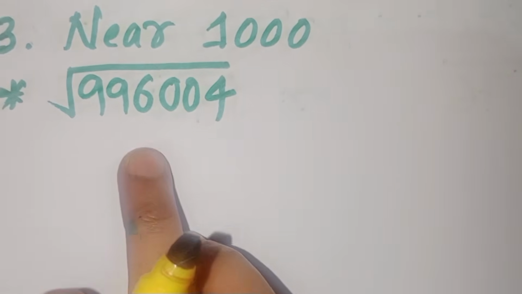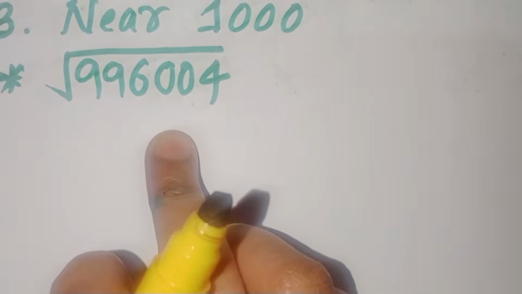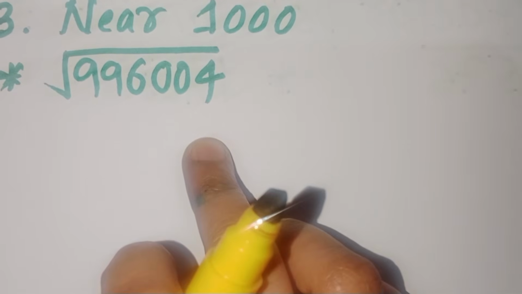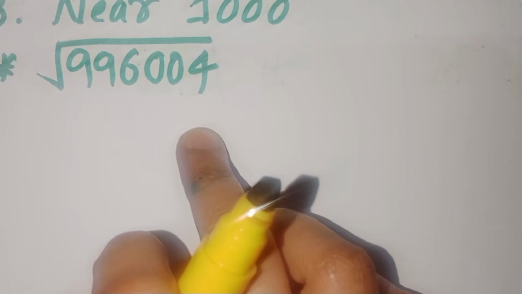Near 1000. Now let's take the same idea to the bigger base, 1000. This is useful for very large perfect squares.